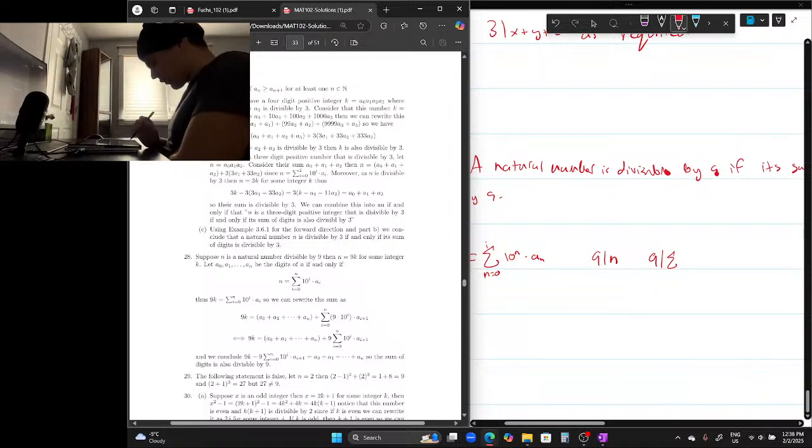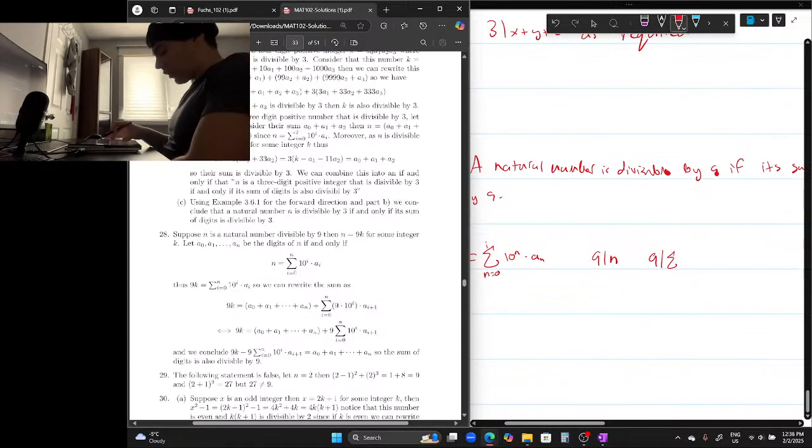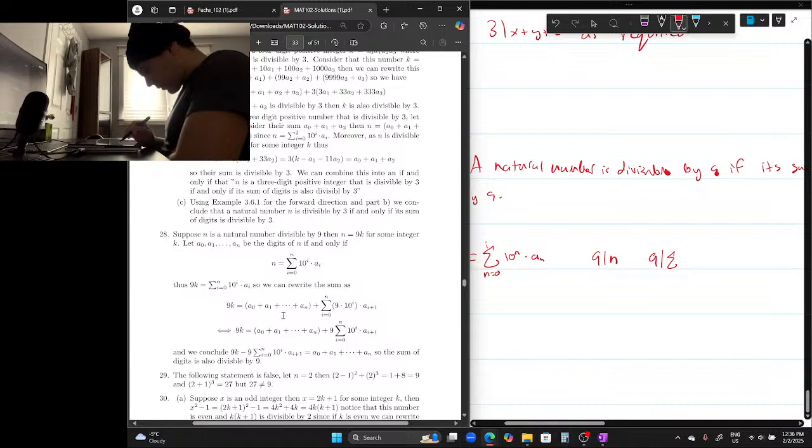Oh, they do a little bit of factoring. So I did not know how to do this. So they factor out 9k is equal to whatever plus y. Is there two statements here? Why? I think this should be equal to this.